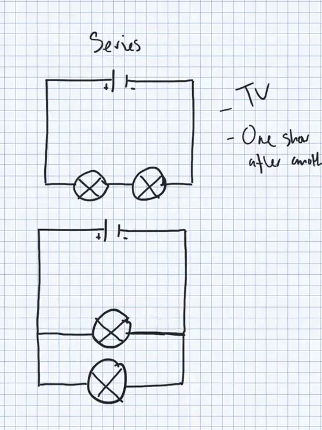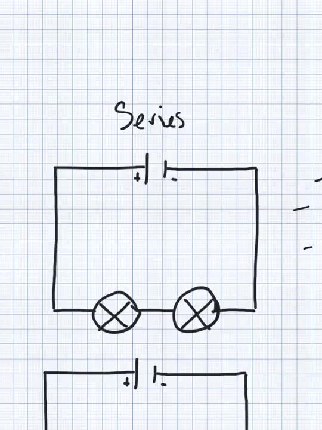That's a reasonable analogy for a series circuit, where each component, as current flows through the circuit, is passed through one after another. In our diagram, the current goes from the positive end to the negative end.